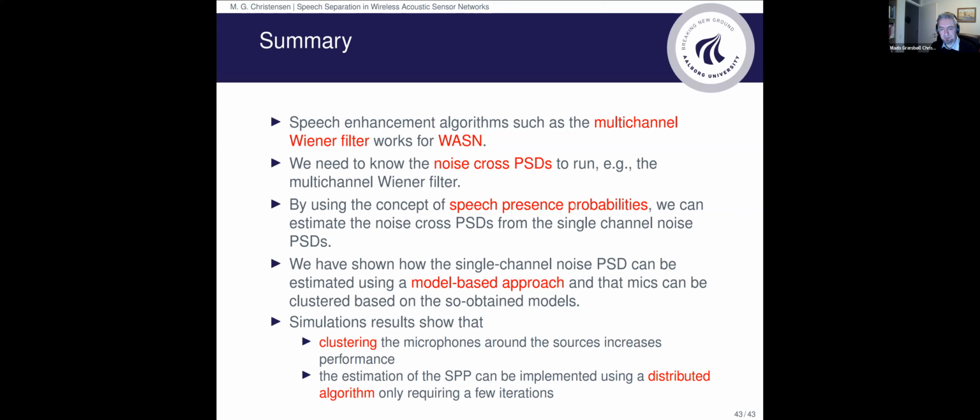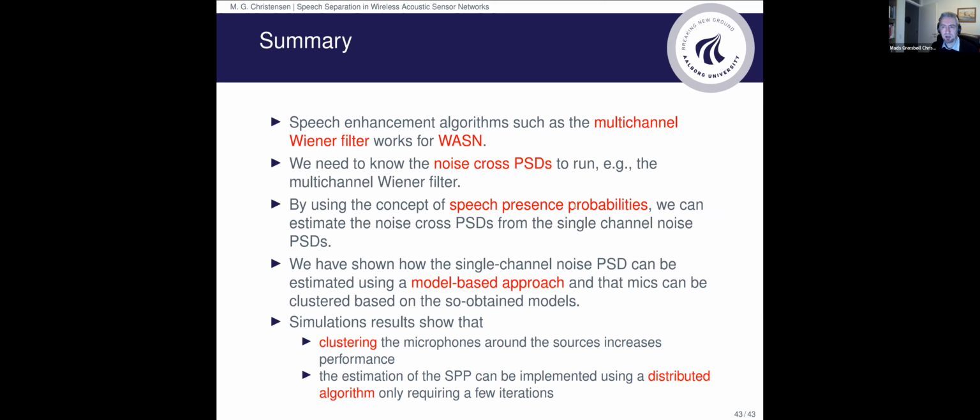And on top of that, simulations show that the clustering of the microphones actually increases performance, and also show that we can, in a few iterations, implement these things in a distributed and efficient fashion here. And I also want to add that the core idea here of clustering microphones and sharing statistics also applies, of course, for other models capable of estimating SPPs.